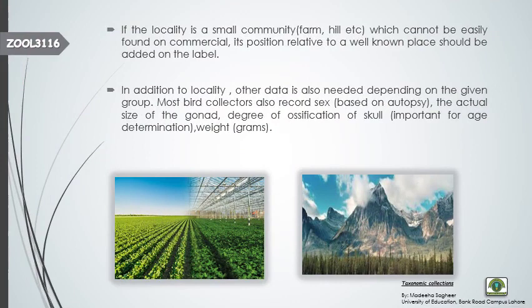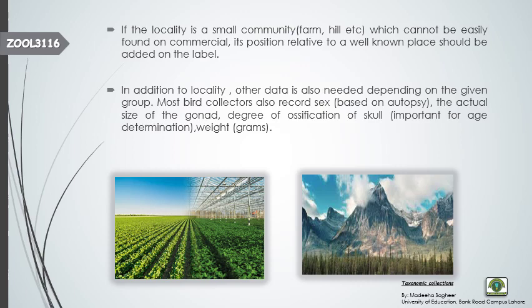Okay, if the locality from where you are taking your specimen is very small, or it is not a well-known locality, not found commercially, what should be done? You have to add the name of the locality, and you also have to add an important landmark that is present near that particular locality. So you have to add the name of the locality and its position relative to a well-known place on the label.